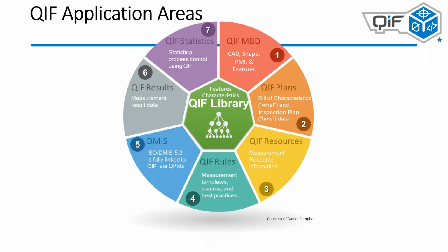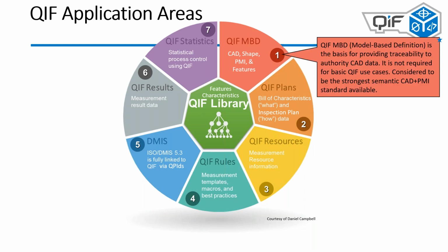So the QIF application areas, there are actually seven. They are wrapped around the QIF library. The QIF library is reusable entities that can be reused across all applications. Two examples of a QIF library are a features library and a characteristic library. One of the first applications is called QIF MBD, or model-based definition.